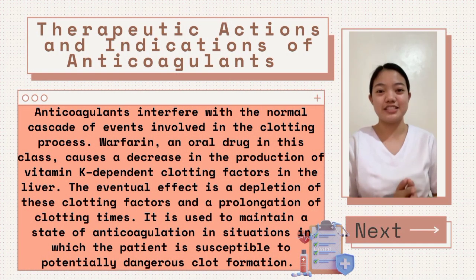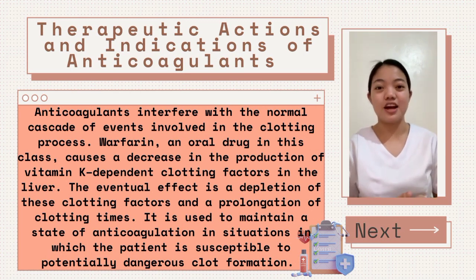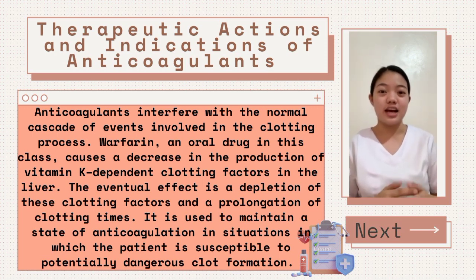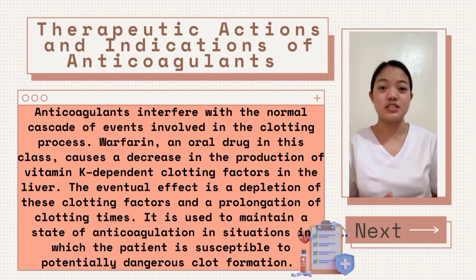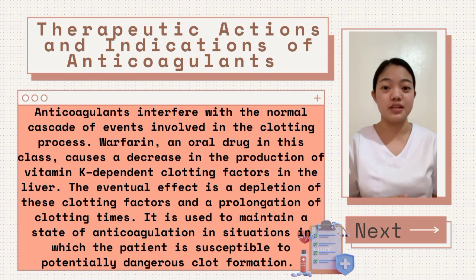I am Francesca Fantasy Papa, and I am going to discuss the therapeutic actions and indications. Basically, anticoagulants interfere with the normal cascade of events involved in the clotting process. Warfarin, an oral drug in this class, causes a decrease in the production of vitamin K-dependent clotting factors in the liver.